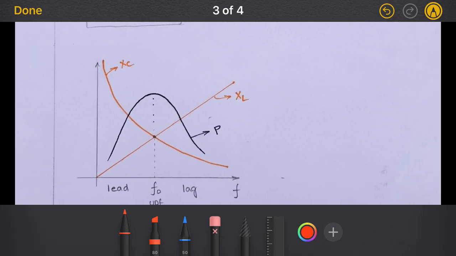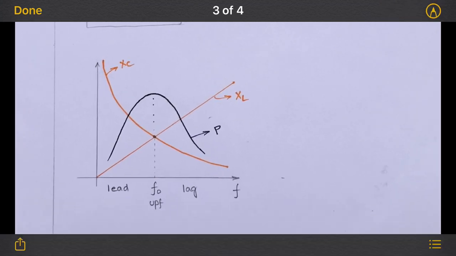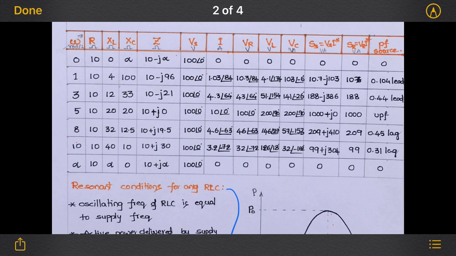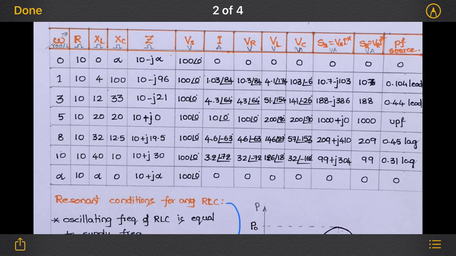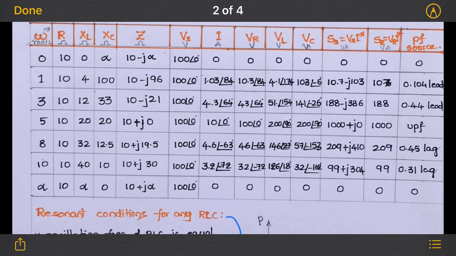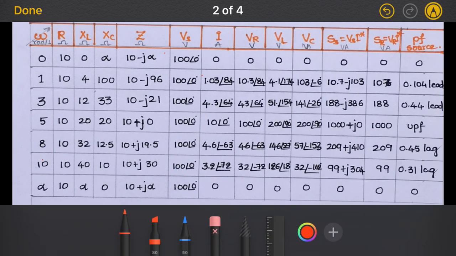Now let us see some more conclusions for series RLC circuit. In a series RLC circuit, while frequency is increasing, inductive reactance magnitude is continuously increasing from 0 to infinite.